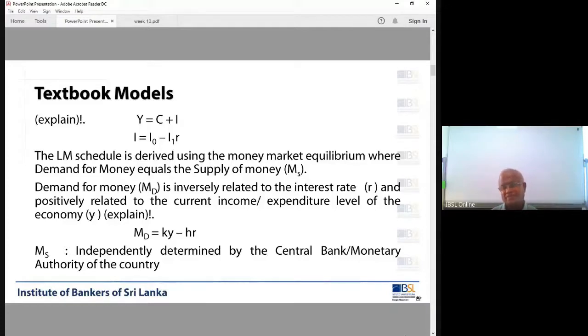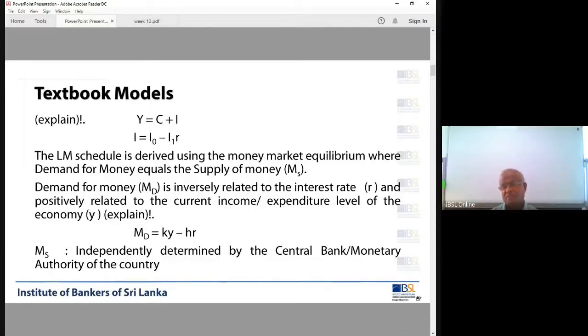They are the monopoly: Central Bank of Sri Lanka, Bank Negara, Reserve Bank of India, Federal Reserve Bank of USA, Bank of England. They are responsible for changing the stock of money in the economy, the money supply, by changing the cost of money. That is implementing the monetary policy.